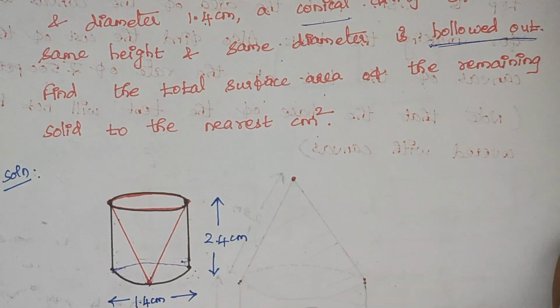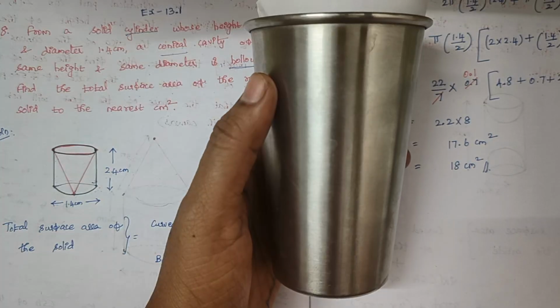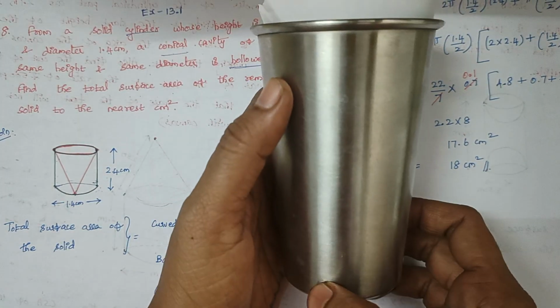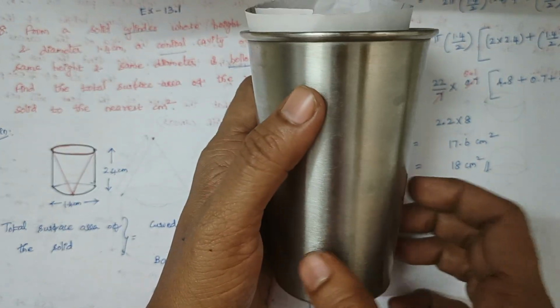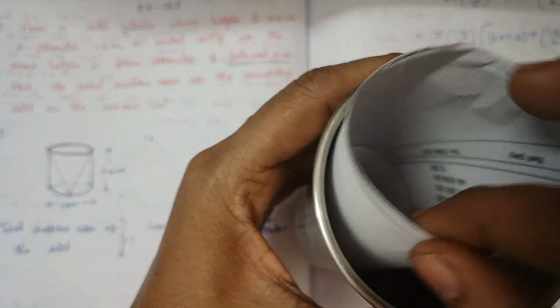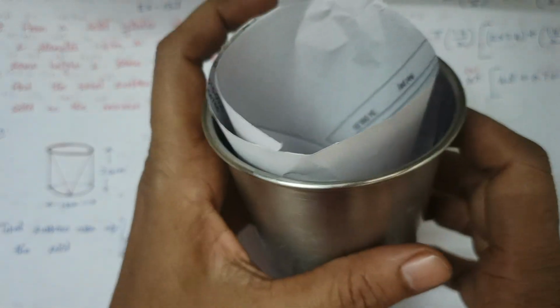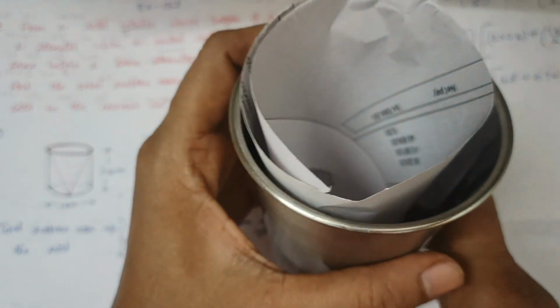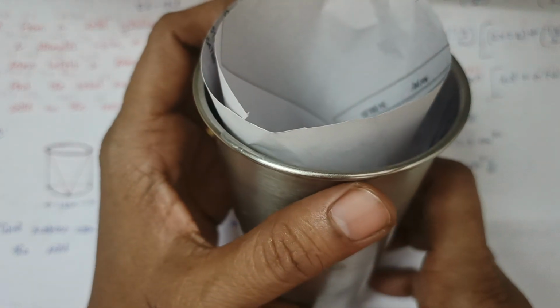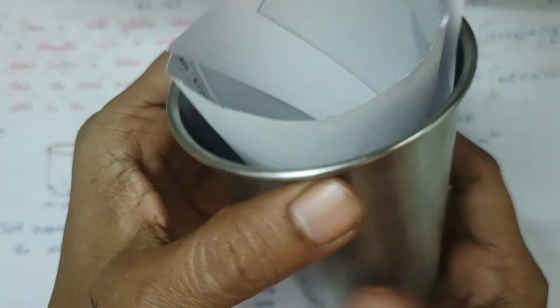So I'll explain this concept with a tumbler here. Let this be the cylinder, right? And we are having a cone inside it, which is placed inside this cylinder. So while calculating the total surface area, what are all the parameters you will include? You will include the curved surface area of the cylinder, this entire area.